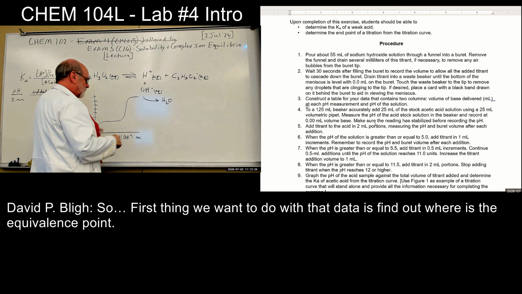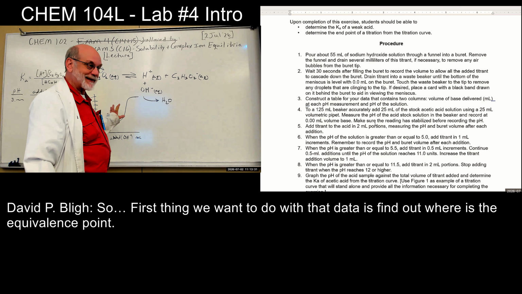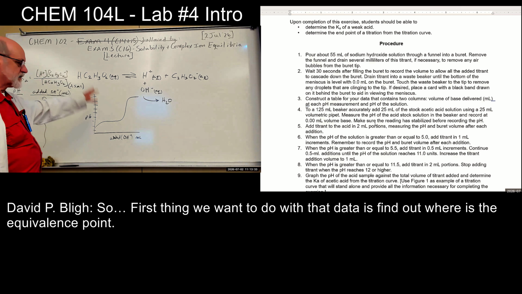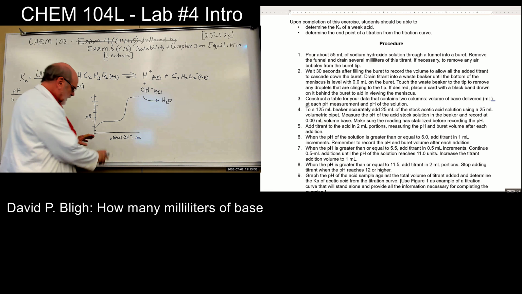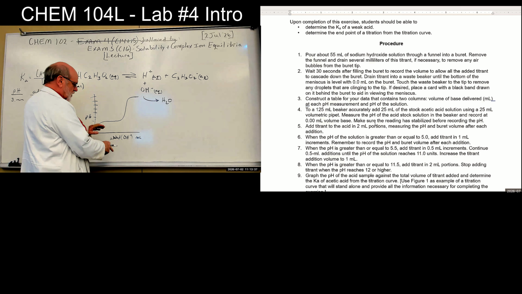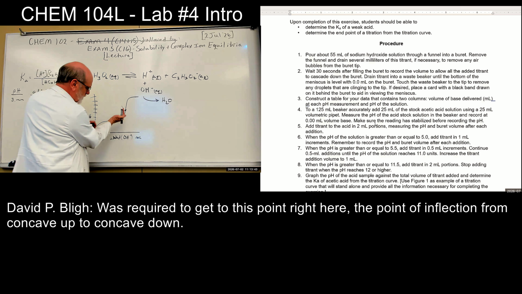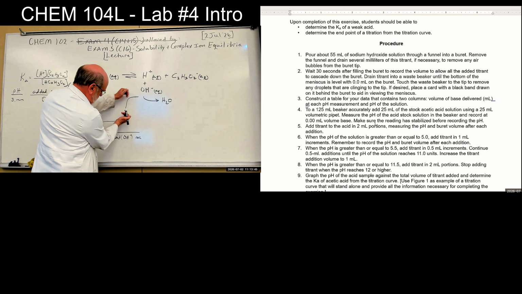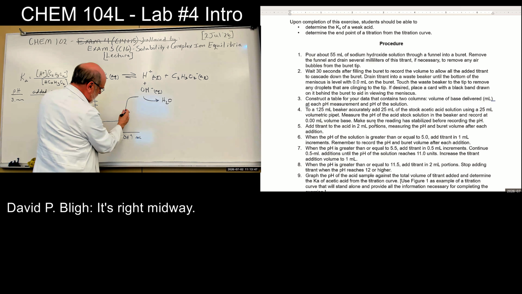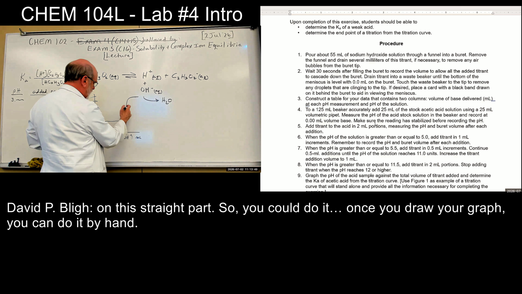So, first thing we want to do with that data is find out where the equivalence point is. How many milliliters of base were required to get to this point right here, the point of inflection from concave up to concave down. It's right midway on this straight part.